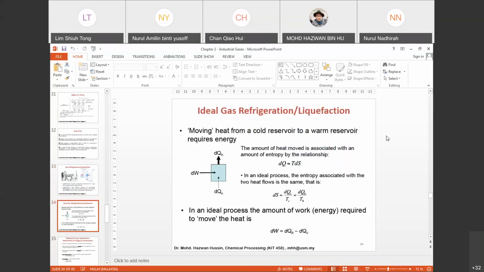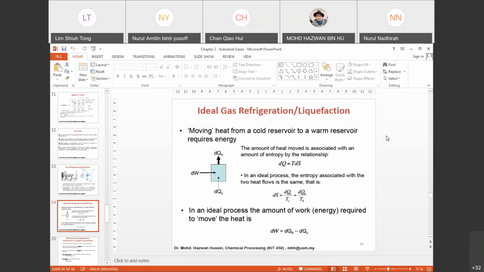Gas refrigeration, by principle, is moving heat from a cool reservoir to a warm reservoir, which normally requires energy. The amount of heat removed is associated with the amount of entropy by the relation dQ. Q is heat, equal to temperature times the difference of entropy.